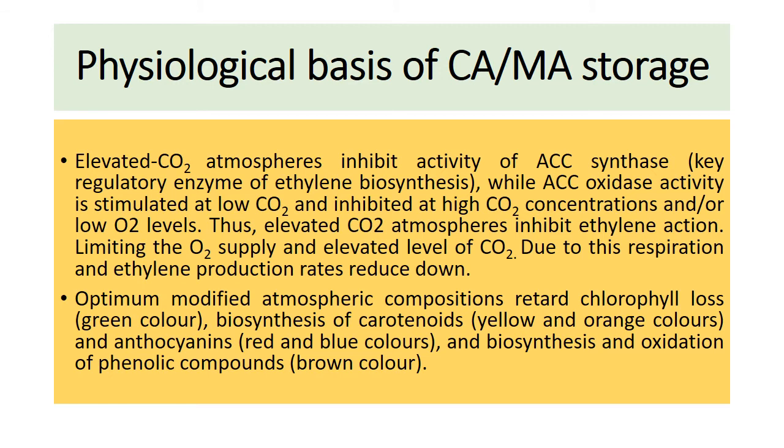Firstly, ethylene production is reduced, which delays the ripening process. Secondly, the lower level of oxygen results in a lower respiration rate, so the commodity will take more time to reach maturity.